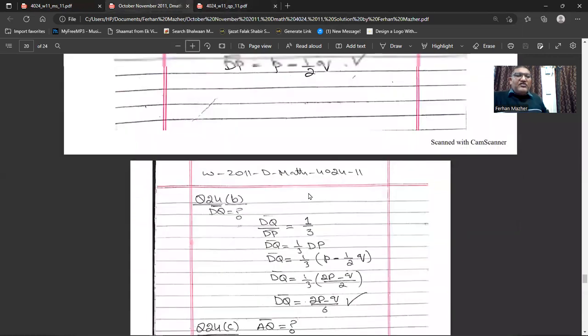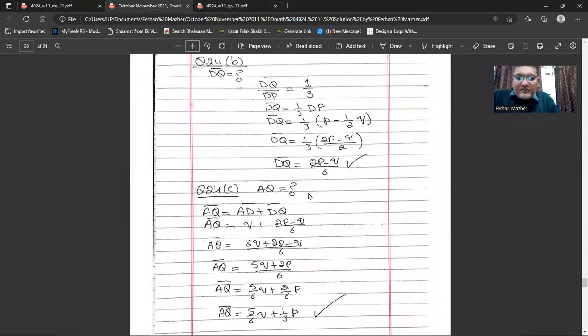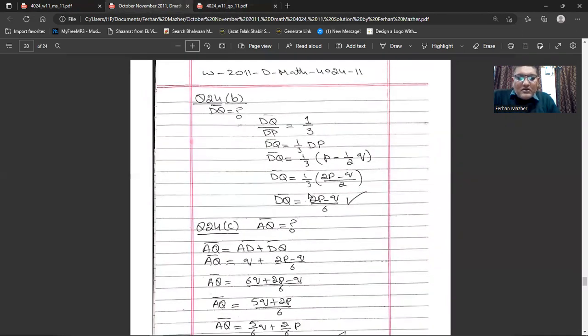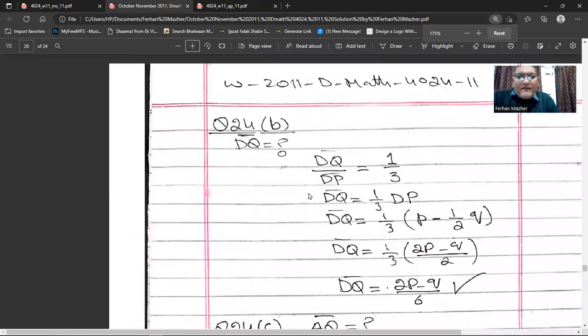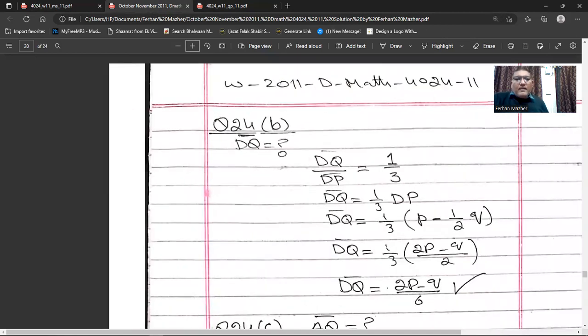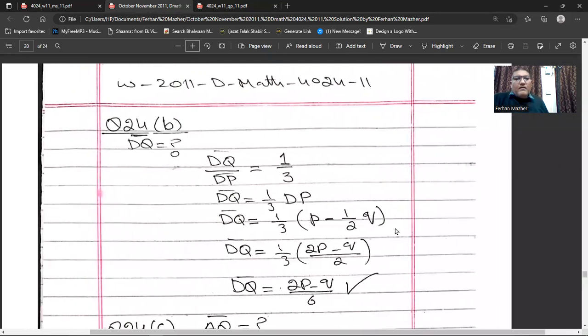That is how this is done. That's the B part. DQ by DP will be equal to 1 by 3, so DQ is equal to 1 by 3 of DP.